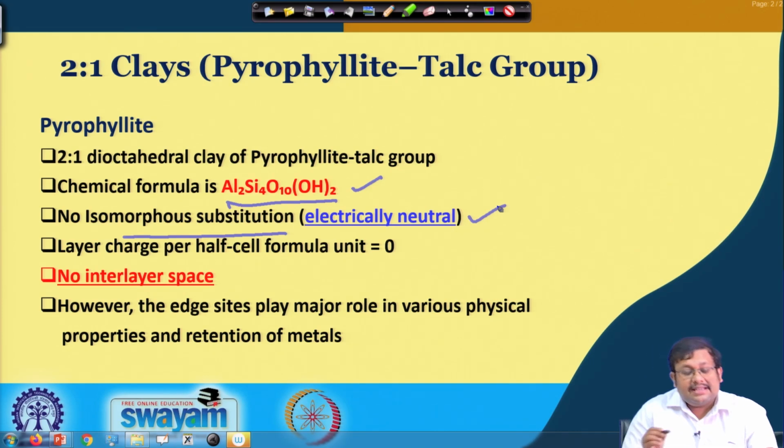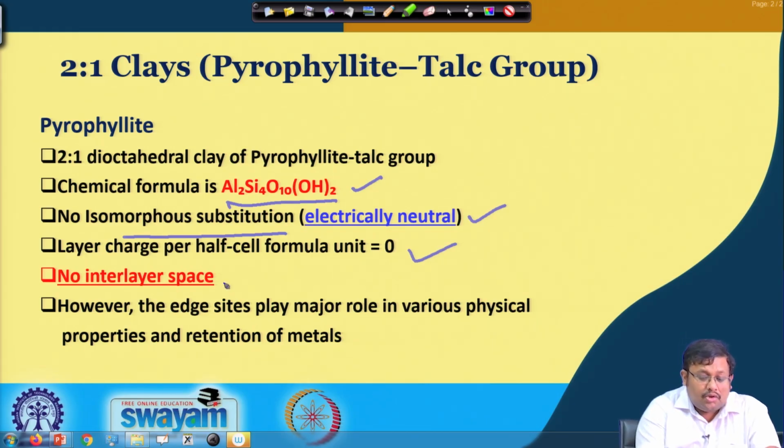And since it is electrically neutral, it has a layer charge per half cell formula unit of 0. In case of clay minerals, we generally use the half cell formula unit to define chemical composition and layer charge. So, in the case of pyrophyllite, we have 0 layer charge.